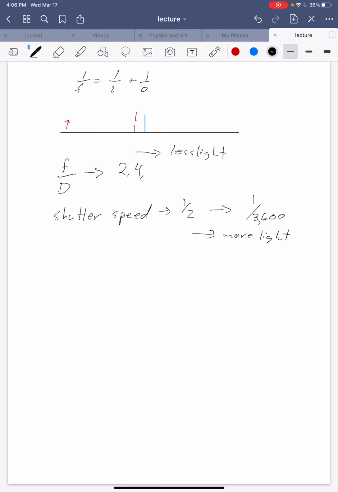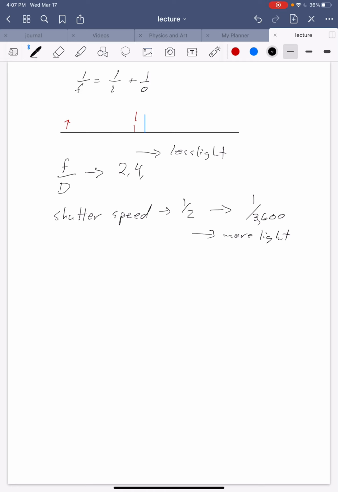So again, the goal in big pictures is to use the thin lens equation to understand where the object is or what focal length I need to achieve an image, where the fixed photoplate or CCD is.